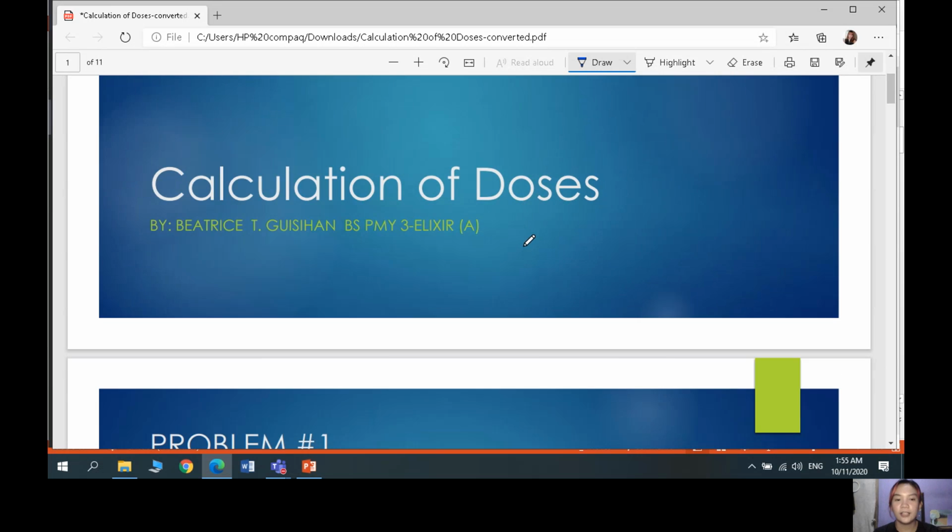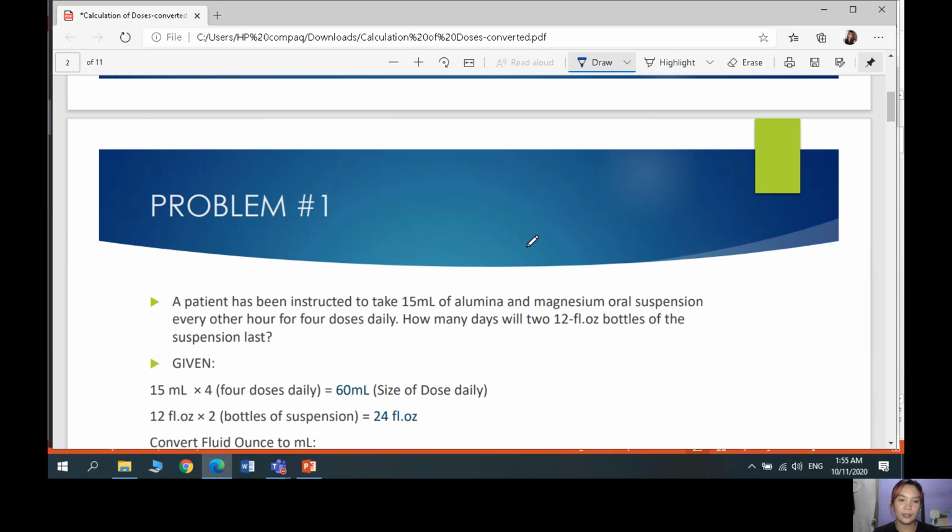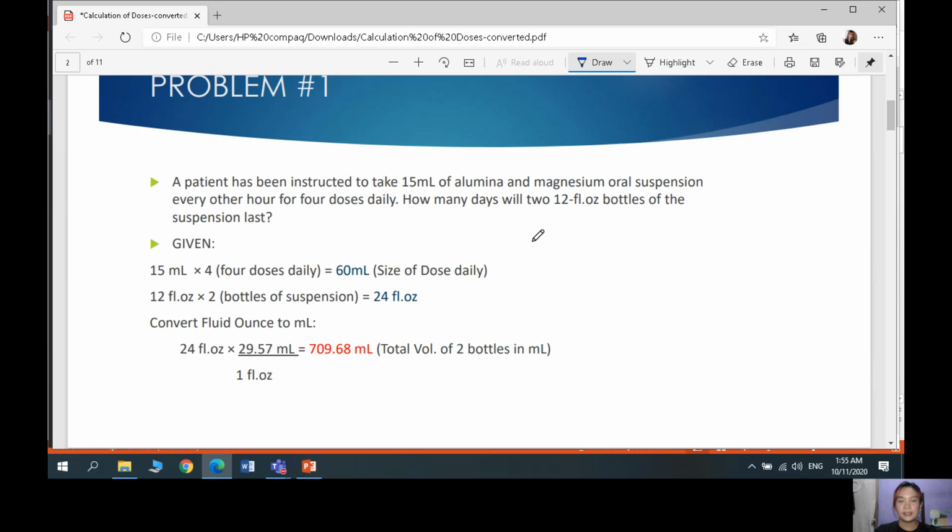So let's move on with problem number 1. Problem number 1 says that a patient has been instructed to take 15 ml of alumina and magnesium oral suspension every other hour for 4 doses daily.